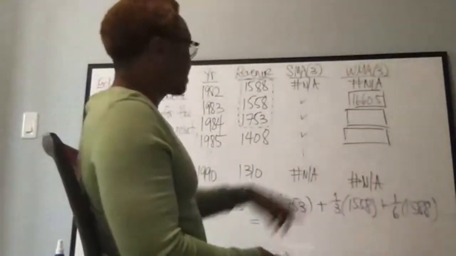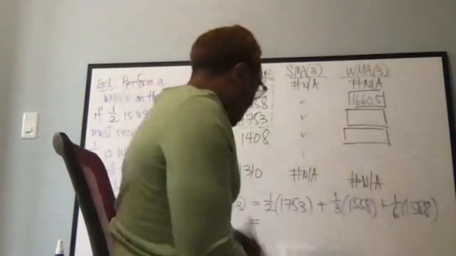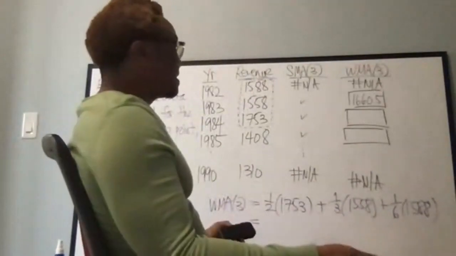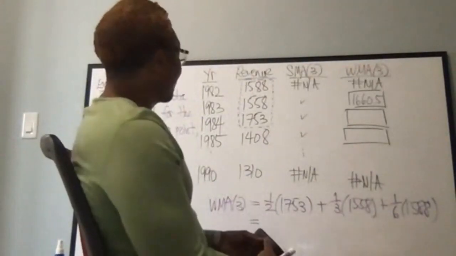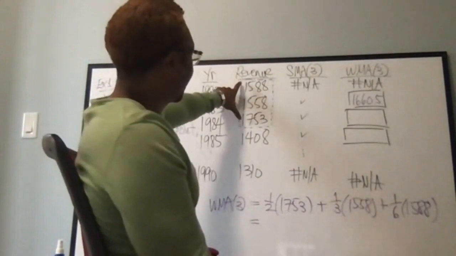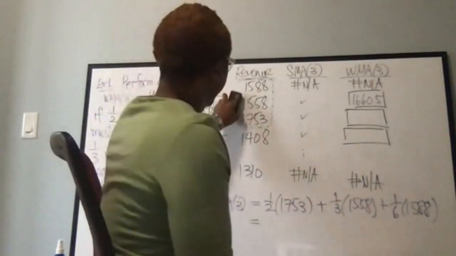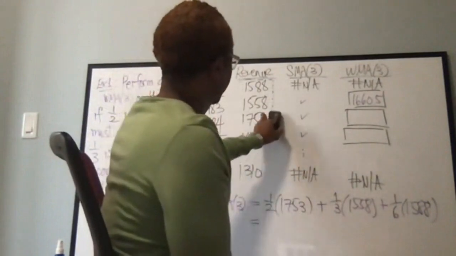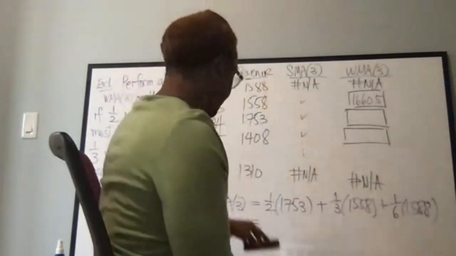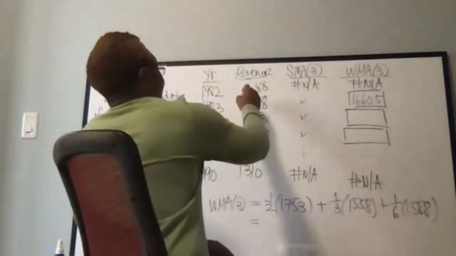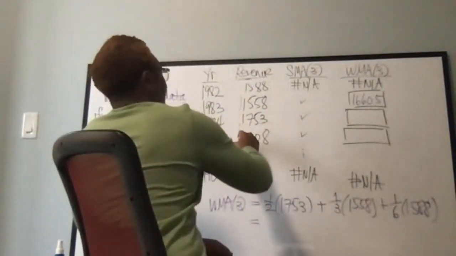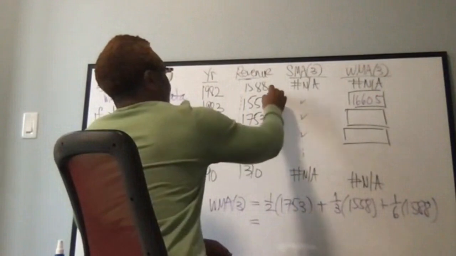Okay, so now let's go to this value right here. Well, how do we get it? The window is still size 3. So what I'm going to do is take this window like we normally do and shift it down 1. So let me erase this. I'm going to shift it down. Now this becomes our focus.